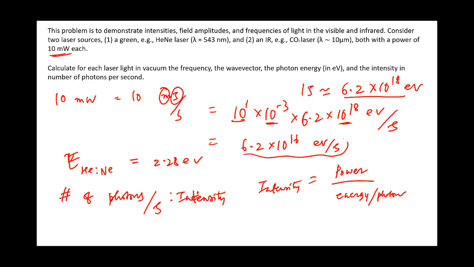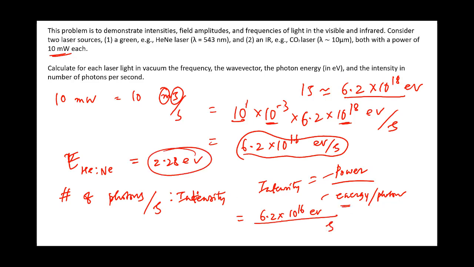Because you're dividing, you need to make sure that you have the same units. The power is 6.2 times 10 to the power 16 electron volts per second, and the energy per photon in the case of helium neon is 2.28 eV. So eV and eV cancel, and 6.2 divided by 2.28 gives roughly 2.7 times 10 to the power 16 photons per second. That is the intensity of the helium neon laser.